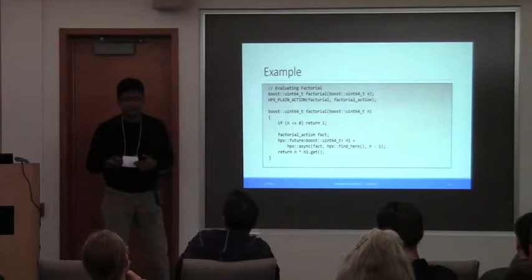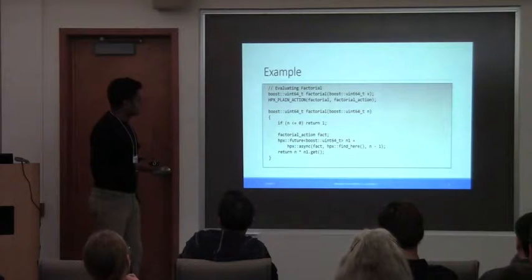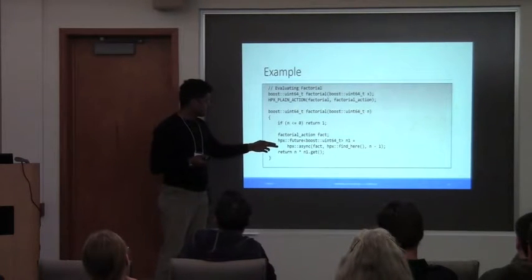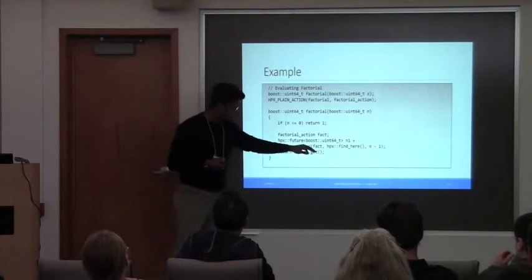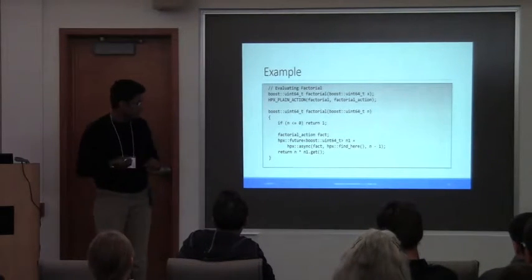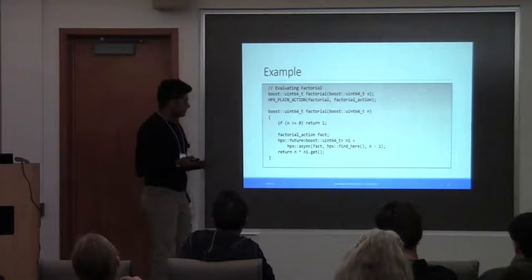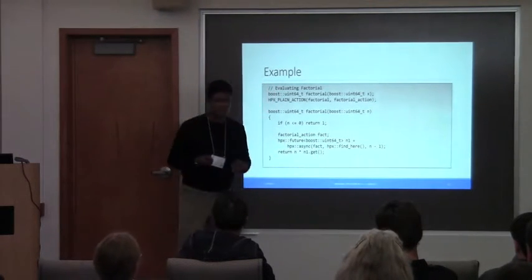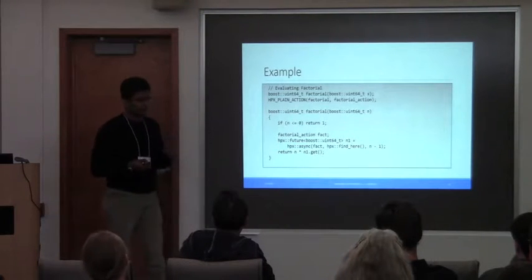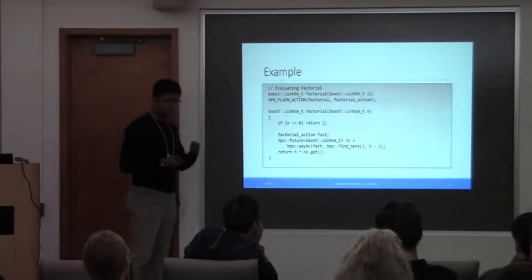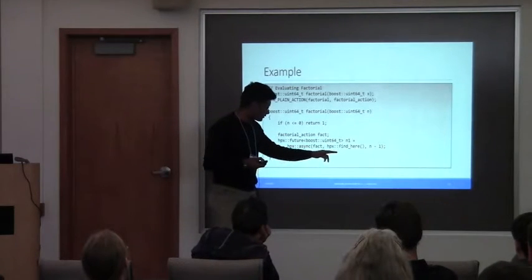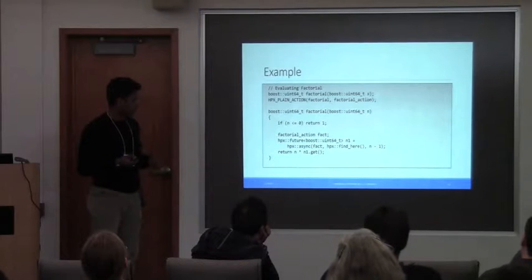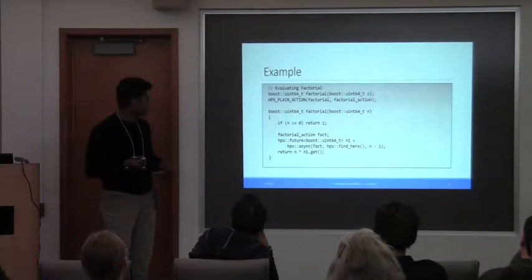I define it as an HPX action object, and I simply invoke that HPX action object. Here HPX find here will tell that I invoke that function in that locality or the same node. We'll talk more about this a little bit later. And that's a way of doing asynchronous computing with HPX.